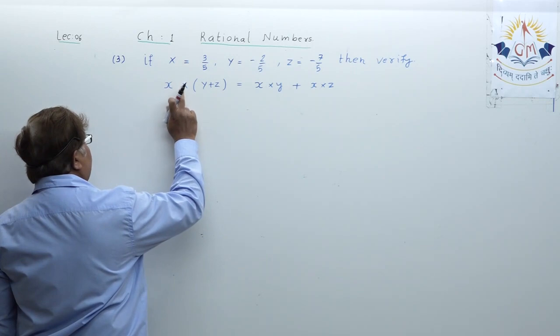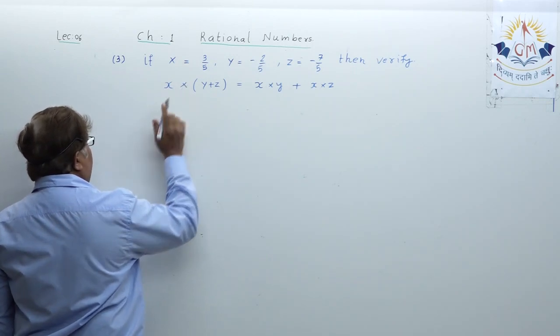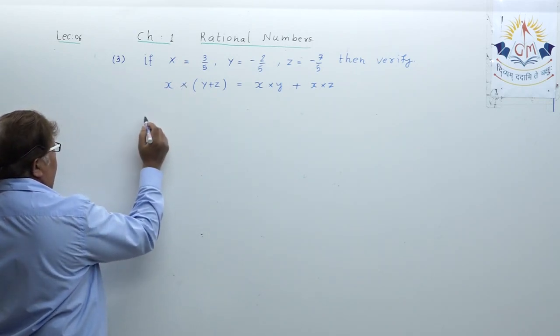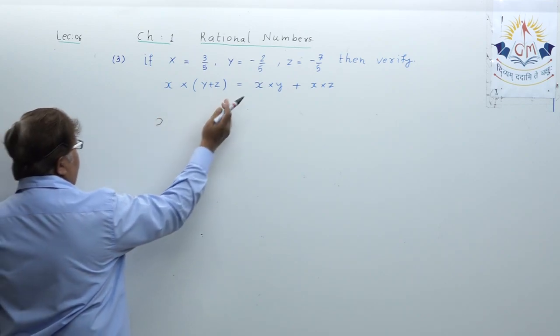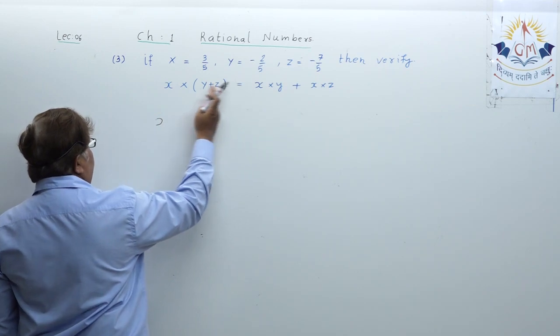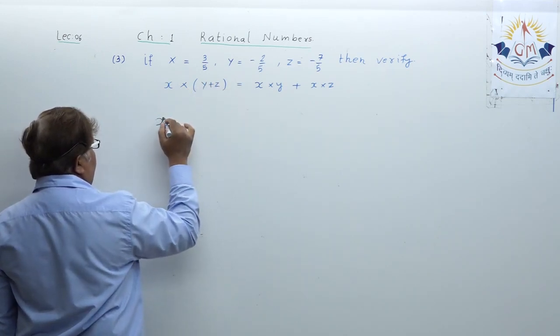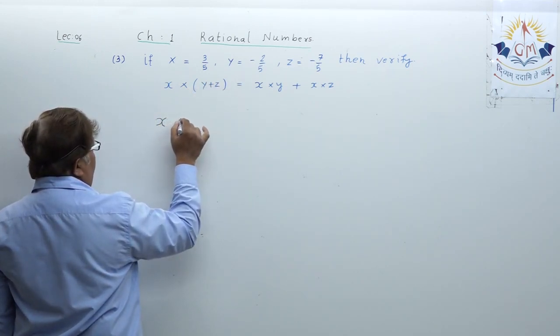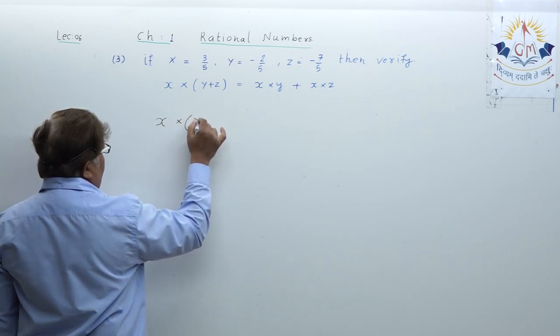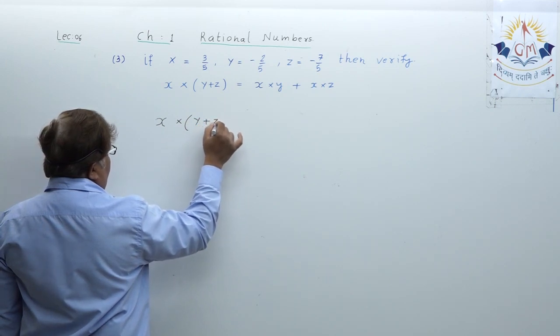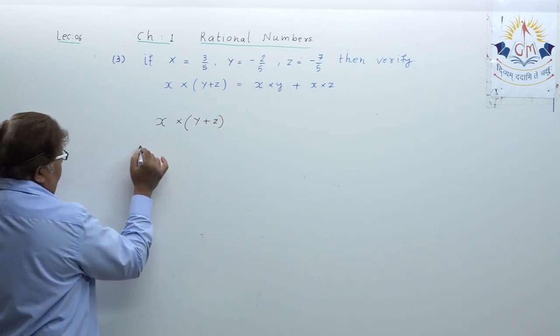First, we will concentrate on LHS. I am not writing LHS, but anything on this side is LHS, and this is called RHS. x multiplied by y plus z.